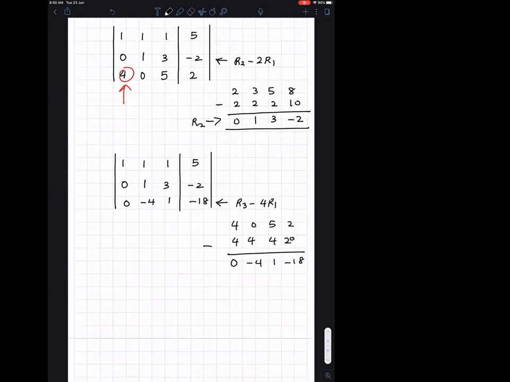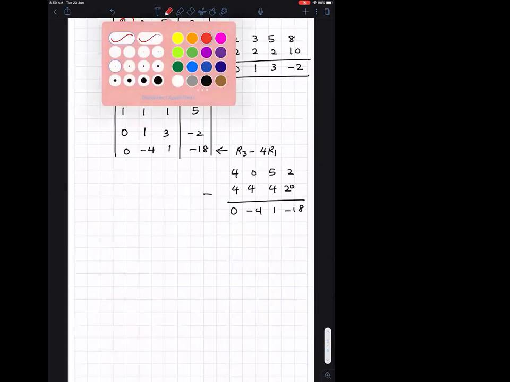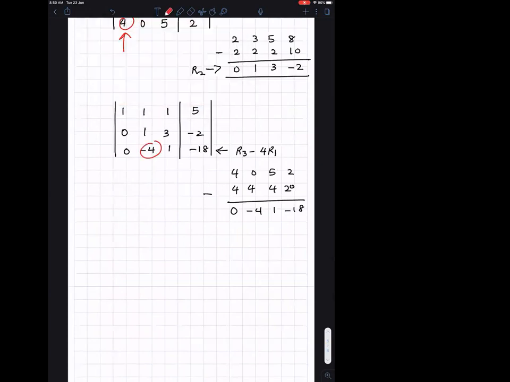Next, you make this go to 0, which can be easily done by multiplying row 2 by 4 and adding it to row 3.